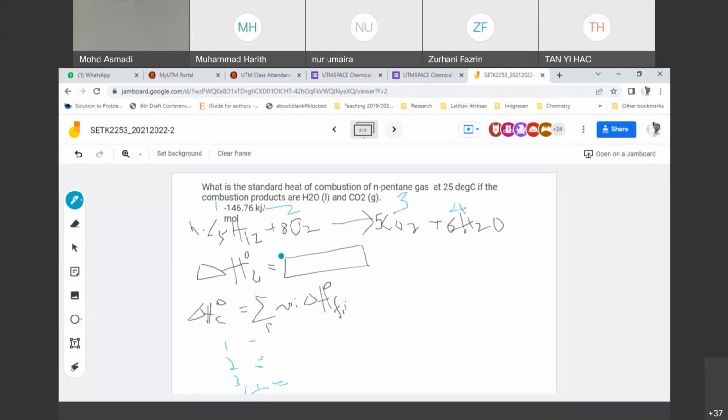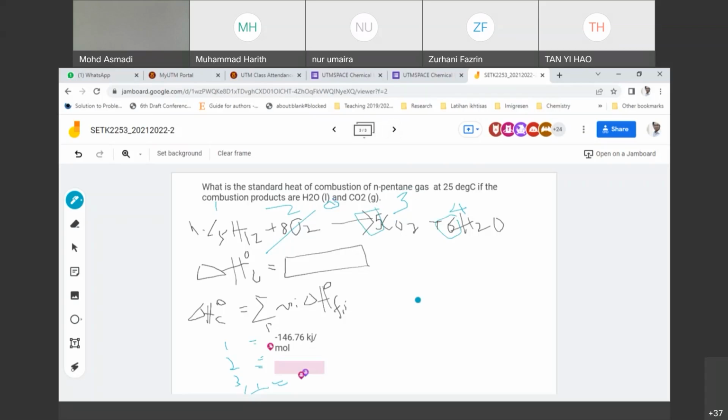Okay, you can put 146.76, negative. Two is zero, so no need to put it. And then 393.150. So if you look here, there's a stoichiometry.